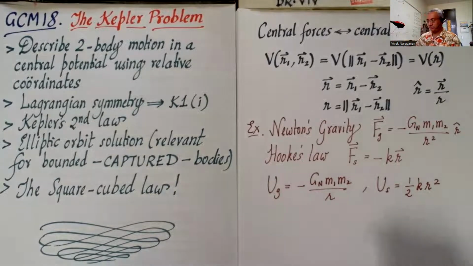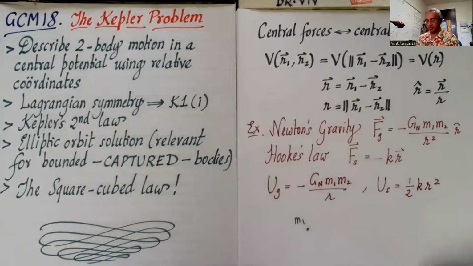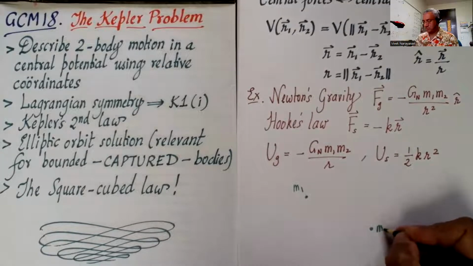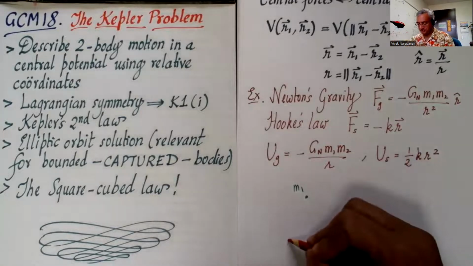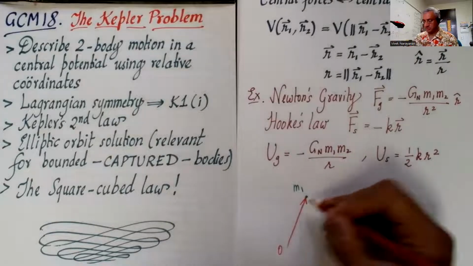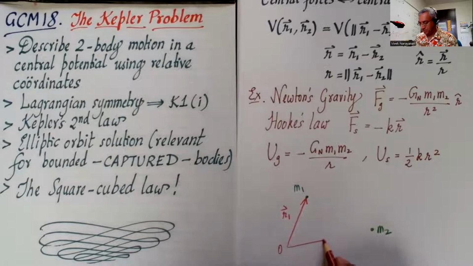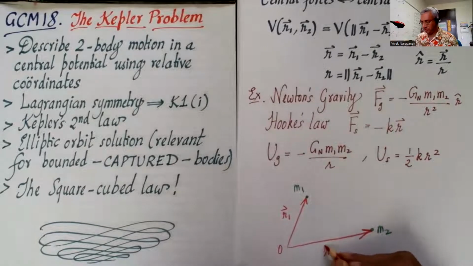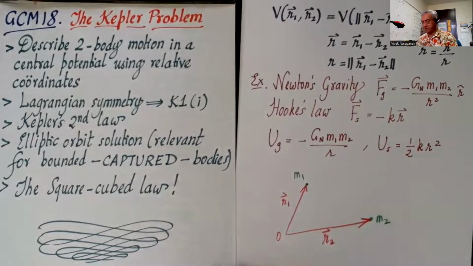Our setup will involve two masses, m1 and m2. And there is some arbitrary origin, O. M1 makes a vector R1 with respect to O, and M2 is described by the position vector R2.